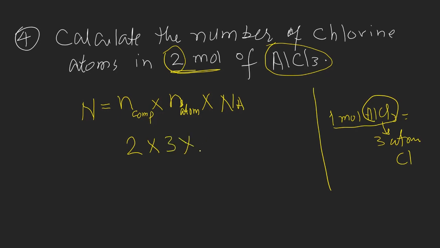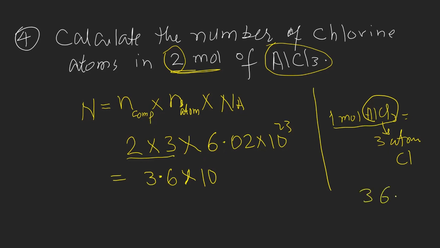And Na is a fixed number, 6.02 times 10 to the power 23. So 2 times 3 is 6. 6 times 6 is 36. Instead of writing 36, we write 3.6, because this is the way of writing scientific notation. 10 to the power 24, because in 36 the decimal point was here, so we moved it there, and we increase 23 to 24.